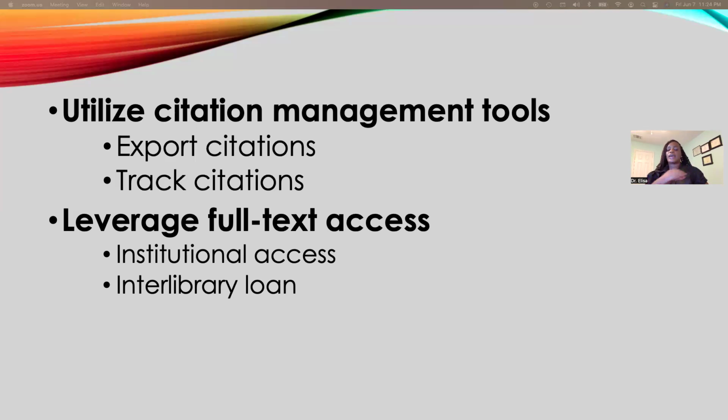Another way of getting full text access is interlibrary loan. If an article isn't available, you can use your library's interlibrary loan service to request it from another library. You can just go to the librarian at your university's library, explain to them the article that you would like to access, but that you don't have full access. Or in most cases, you can just make the request online.